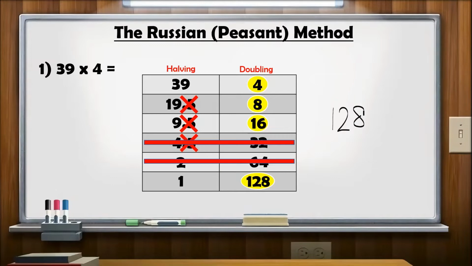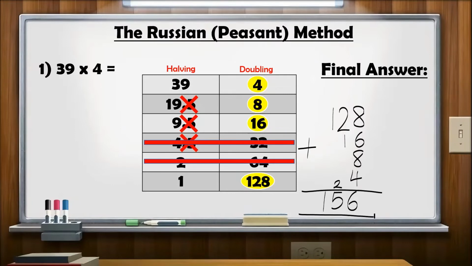So 128 plus 16 plus 8 plus 4. 8 plus 6 is 14 plus 8 is 22. Plus 4 is 26. 2 plus 1 is 3, plus 2 is 5, and I'll bring down the 1. So my final answer for 39 times 4 using the Russian method is giving me 156.